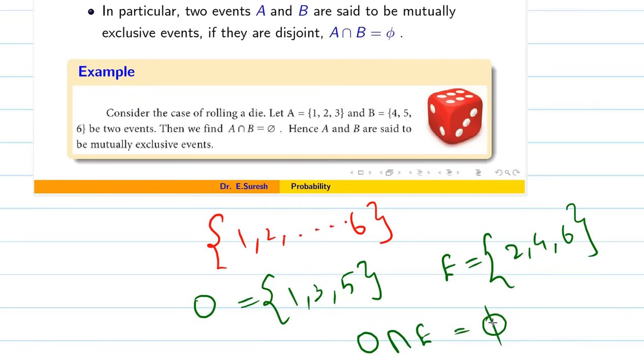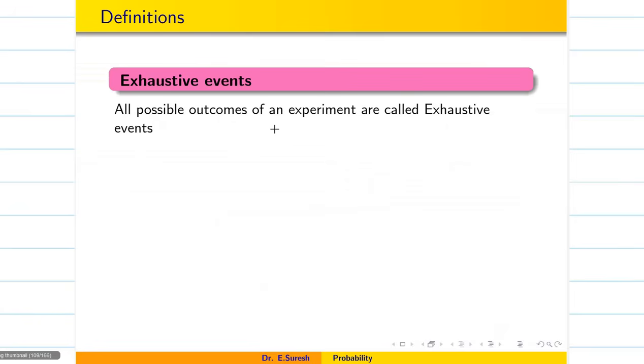If you get 2, you will never get any of the elements from the odd set. If you get 1, you will never get elements from the even set. So I take two events, getting an odd number and getting an even number, and I can say these two events are mutually exclusive because nothing is common between them. A similar example: not only odd and even, you can take 1, 2, 3, 4, 5, 6, and then A and B are again mutually exclusive. Hope you got my point, guys.